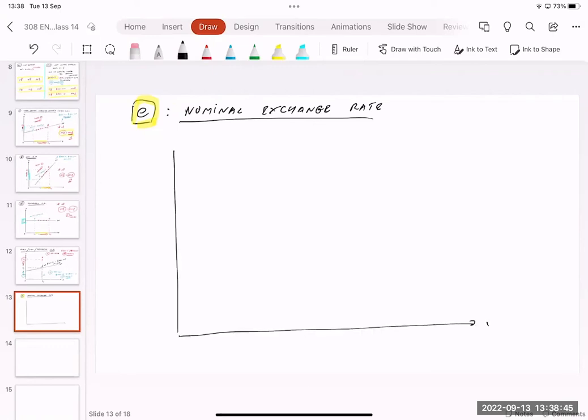We have Y and R. I'm going to bring the case of a high capital mobility country. This is a BP curve. Let me draw it a little bit steeper, like this. For example, I have point A. At point A, GDP stays at Y1 and the real interest rate stays at R1.